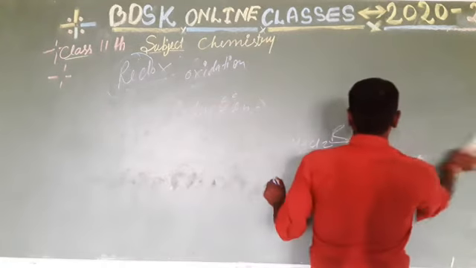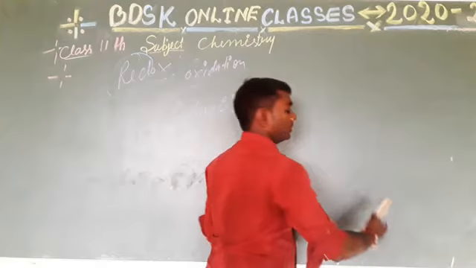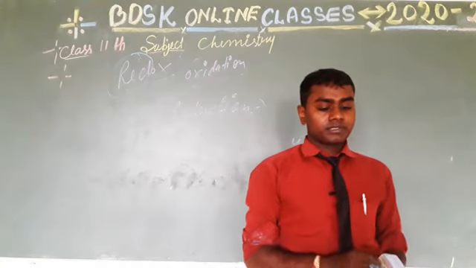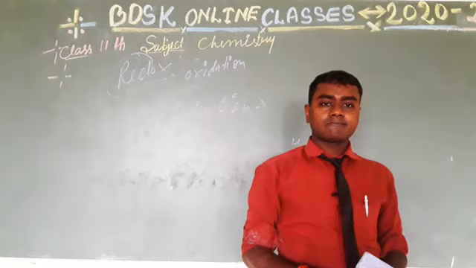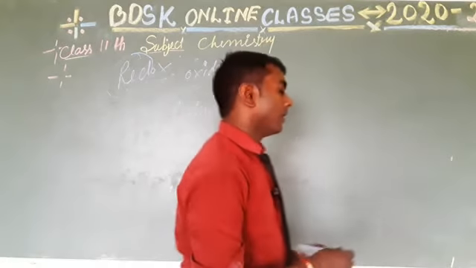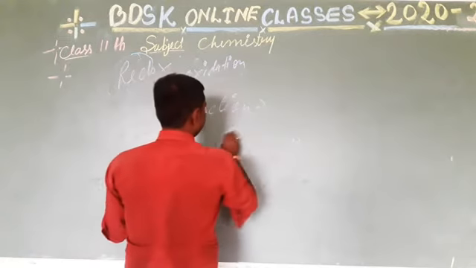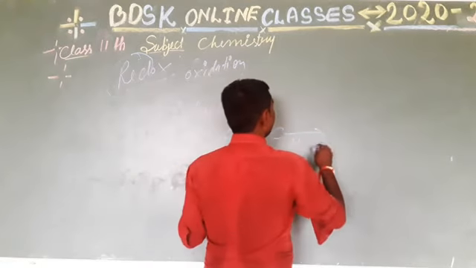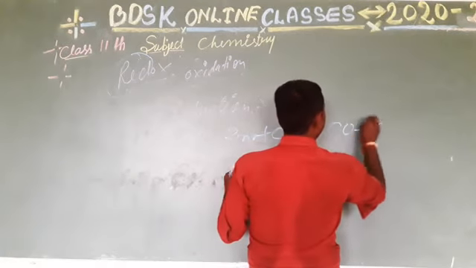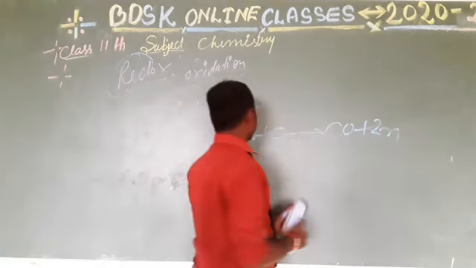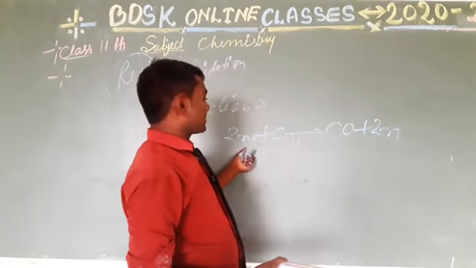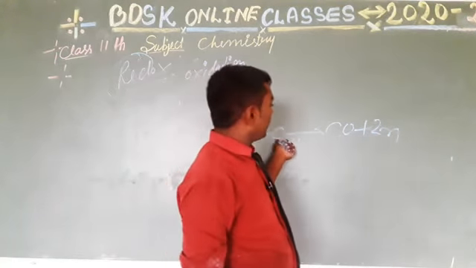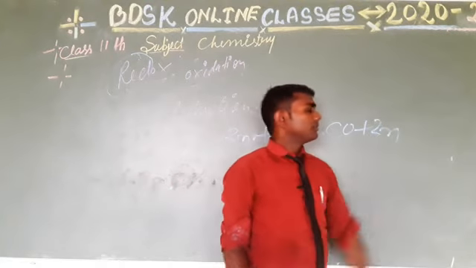Okay, and next is removal of oxygen from the compound is also called reduction. You can see that zinc oxide reacts with carbon non-metal, it forms carbon monoxide and zinc.